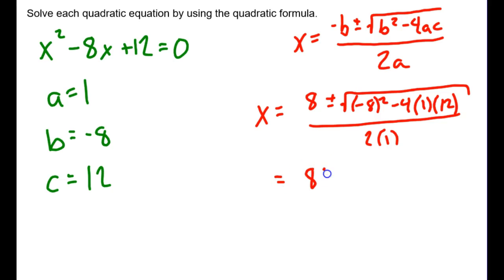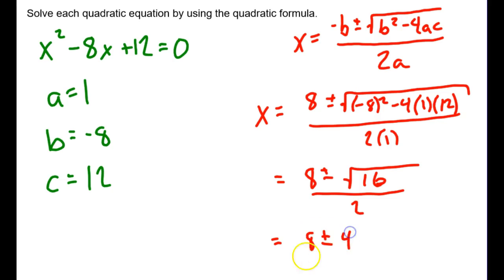Simplifying, we have 8 plus or minus the square root of: negative 8 squared is 64, minus 48. 64 minus 48 leaves us with the square root of 16, divided by 2. We know the square root of 16 simplifies down to 4, so we have 8 plus or minus 4, divided by 2.